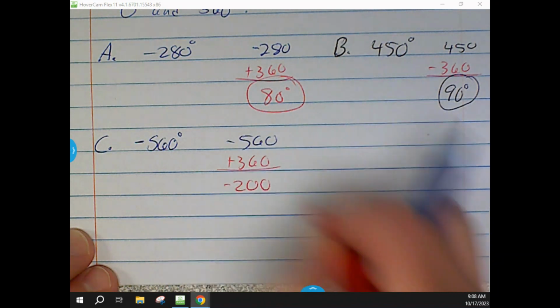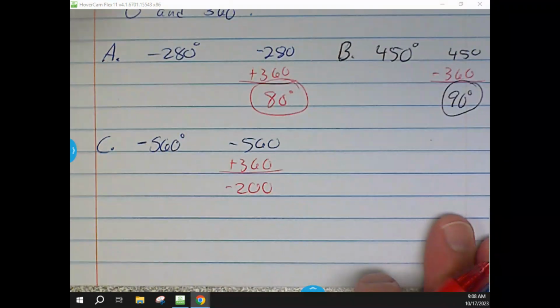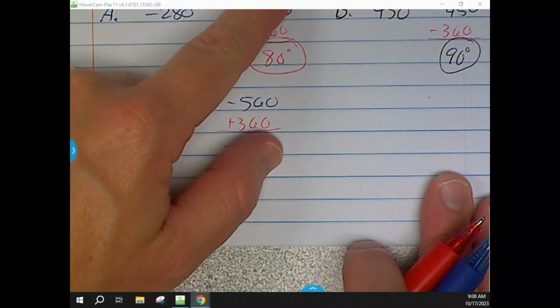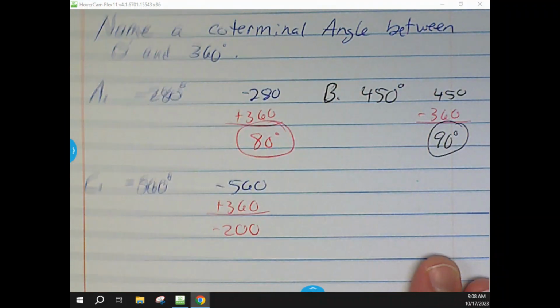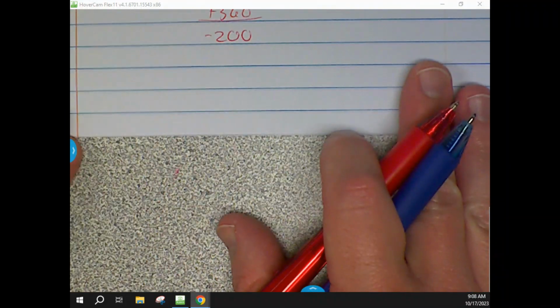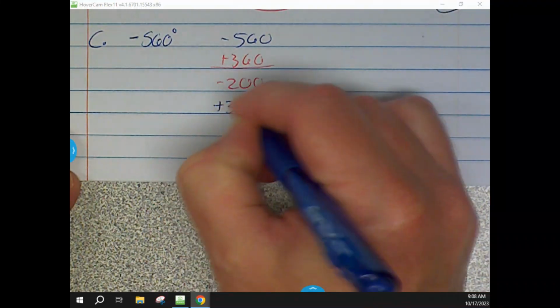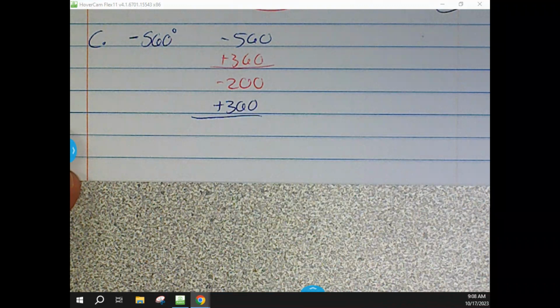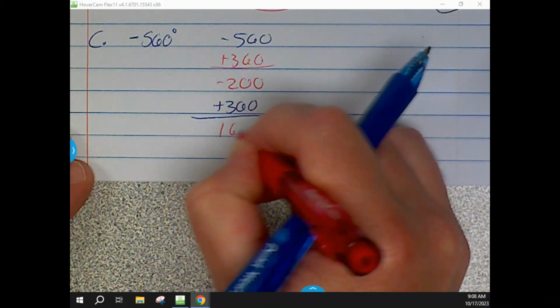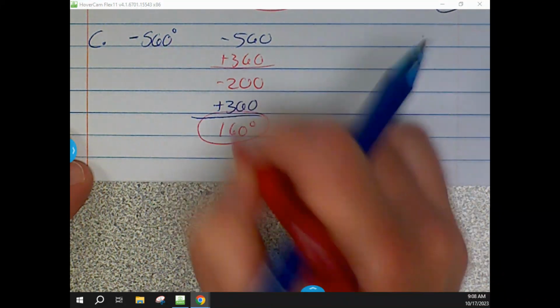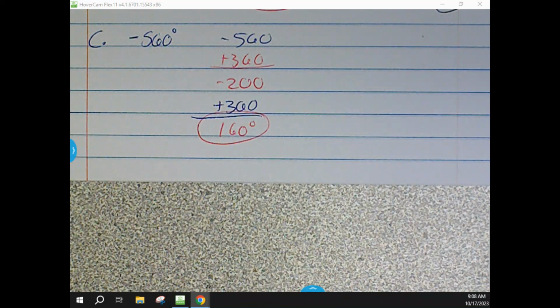If you add 360, it comes out to be negative 200. And the directions say it's got to be between 0 and 360. That is not between 0 and 360. So if it's not quite big enough, well, we do the same thing again. We're going to add another 360 degrees to that. And then eventually, adding it a couple of times, we get to 160 degrees.